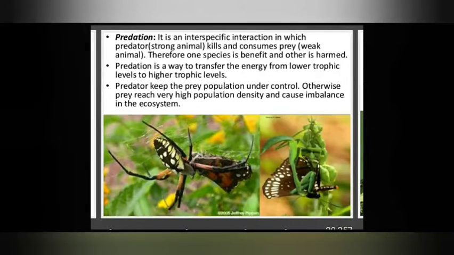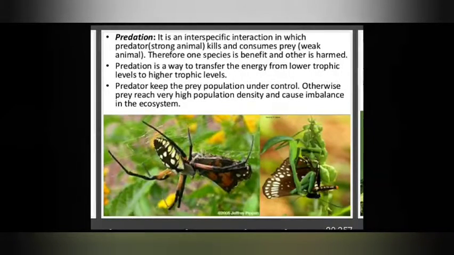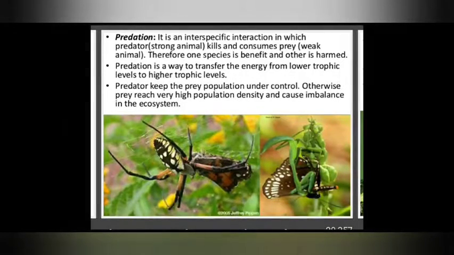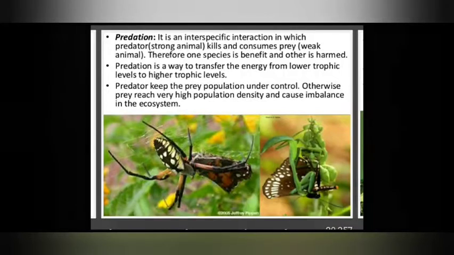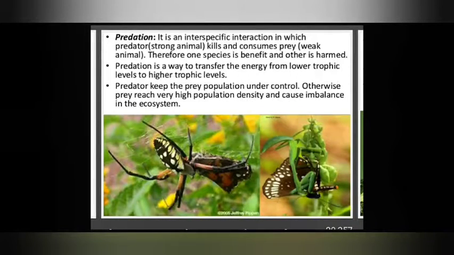The most important and common type of interaction is predation. It is the interspecific interaction in which the predator, which is a strong animal, kills and consumes the prey, which is a weak animal. Therefore, one species is benefited and the other is harmed.